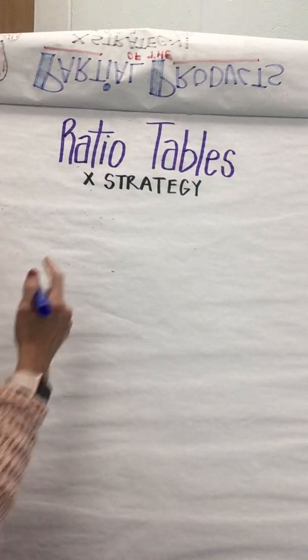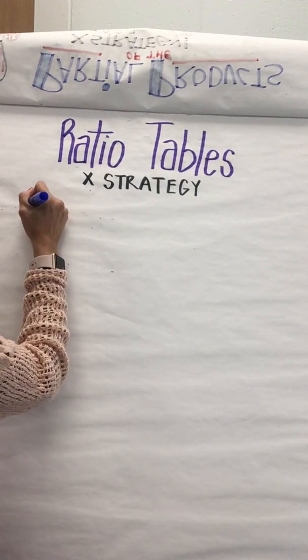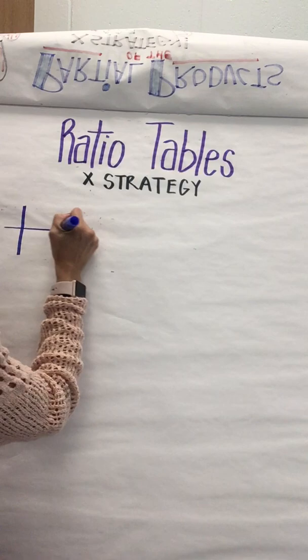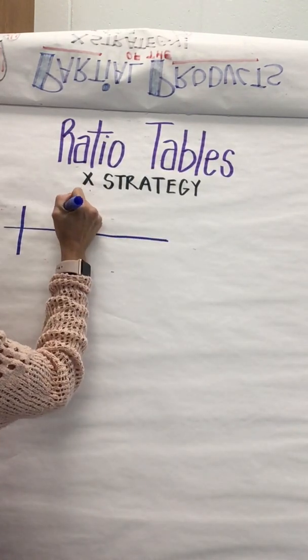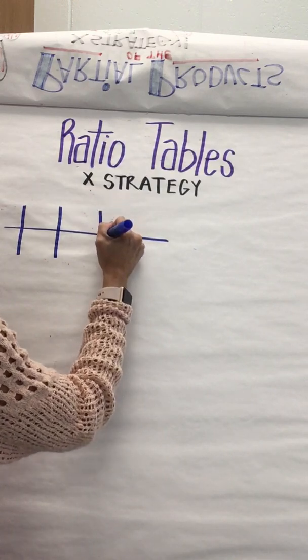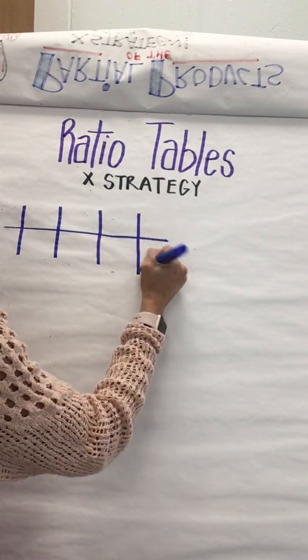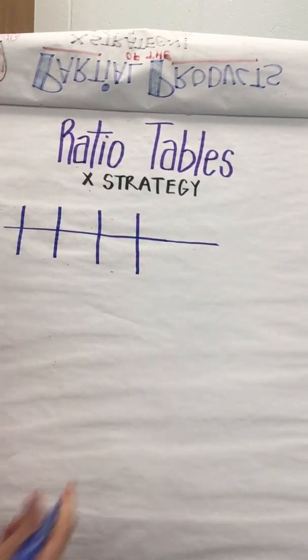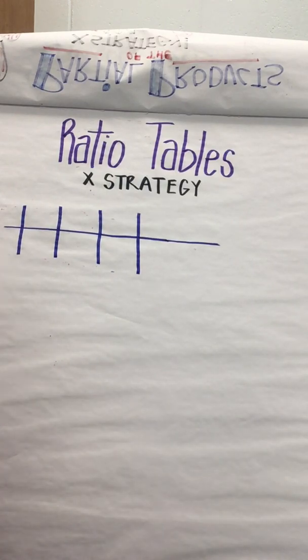So ratio tables. Ratio tables a lot of times look like this, kind of sideways. Sometimes they also go up and down, and I can show you one of those later as well. We can use them to help solve multiplication problems. So let's go ahead and do a problem up here.